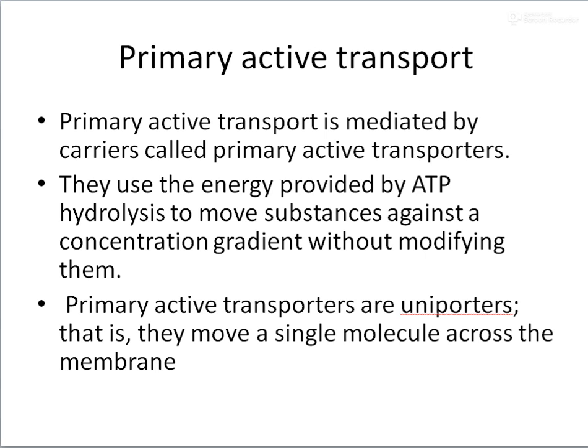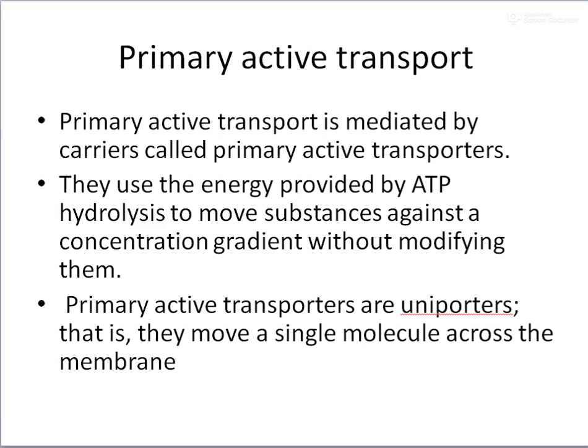The primary active transport is mainly mediated by carriers called primary active transporters. They use energy provided by ATP hydrolysis to move substances against a concentration gradient without modifying them. Usually the primary active transporters are considered to be uniporters; that is, they move a single molecule across the membrane.